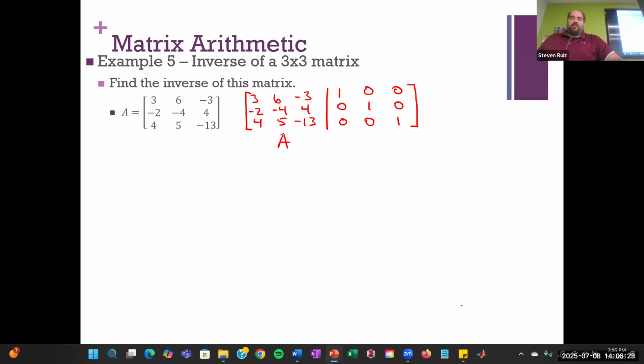So my goal is this. On the right-hand side of this, I'm going to have A inverse, because on the left-hand side of this, I will have the identity. What's the process called where I make A look like this, 1 0 0, 0 1 0?